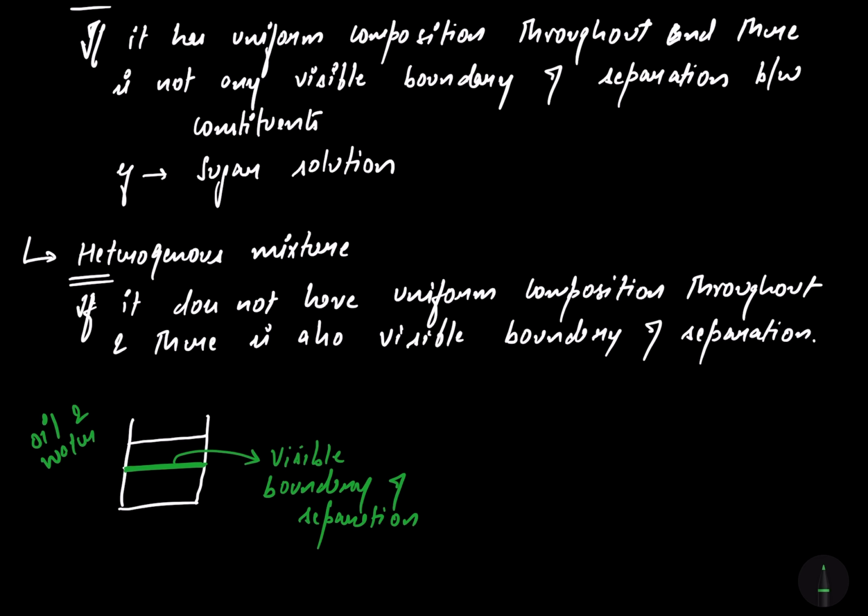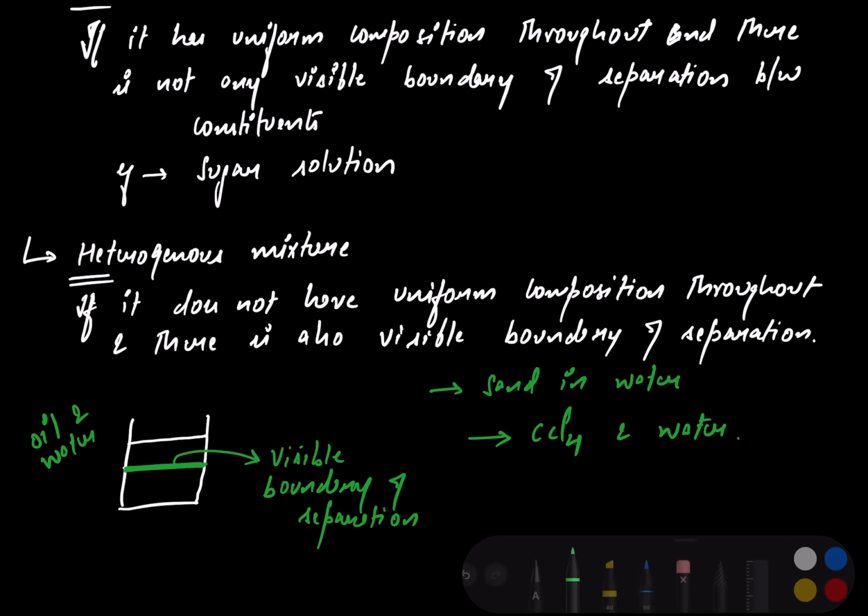Then another example is sand in water. These are the simplest examples. In case of chemistry, I am giving you the example of carbon tetrachloride and water. So these are some examples of heterogeneous mixture.